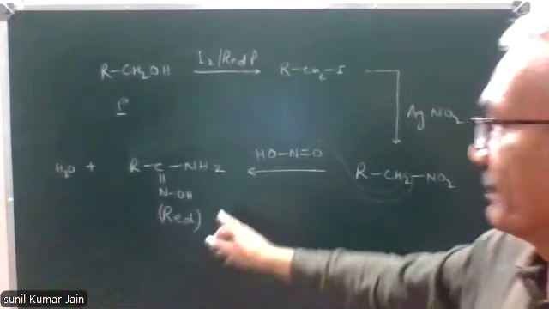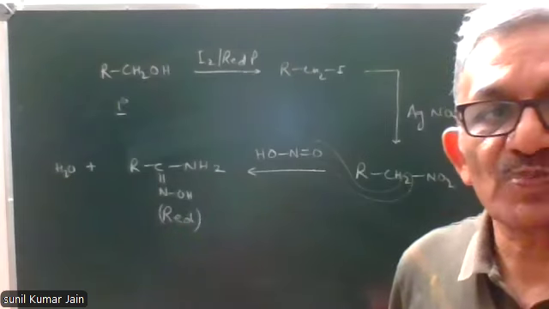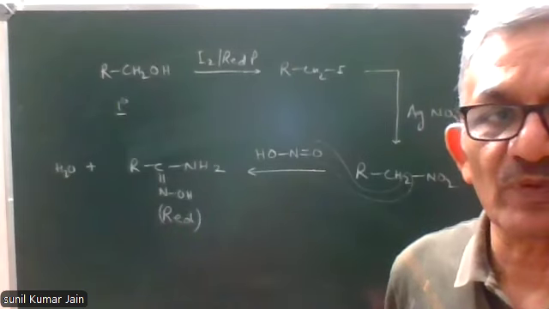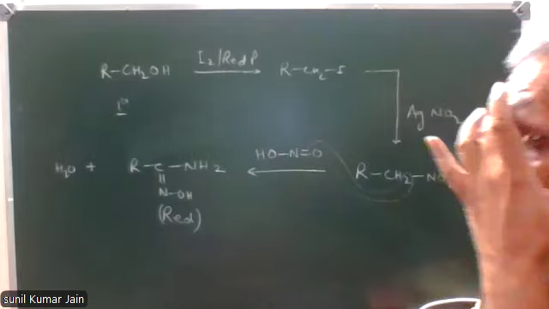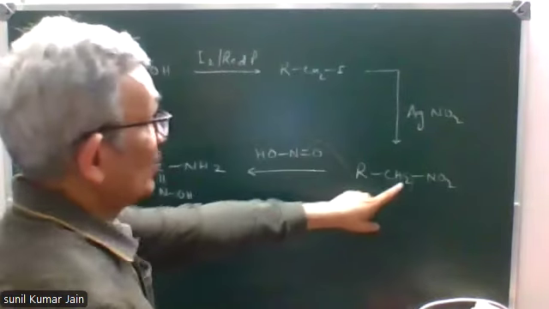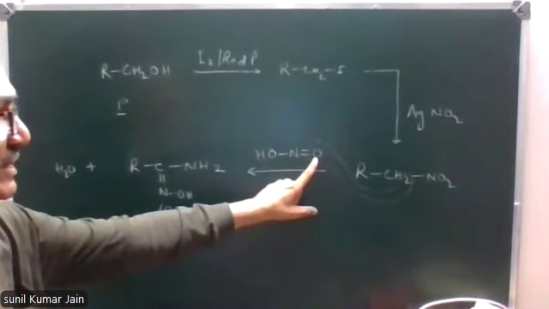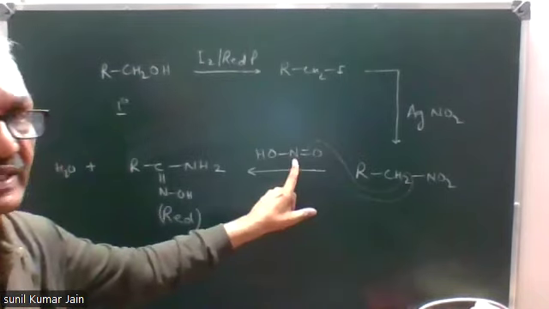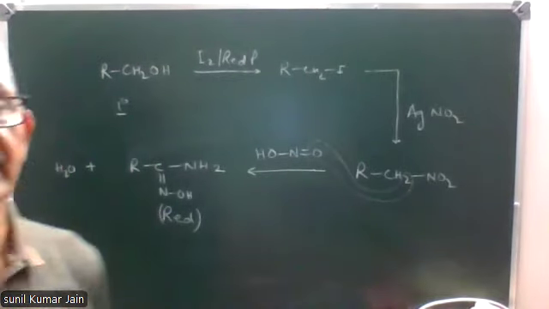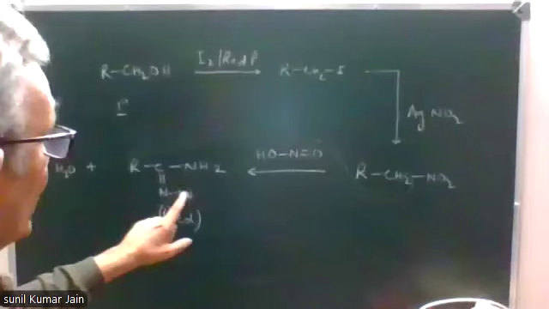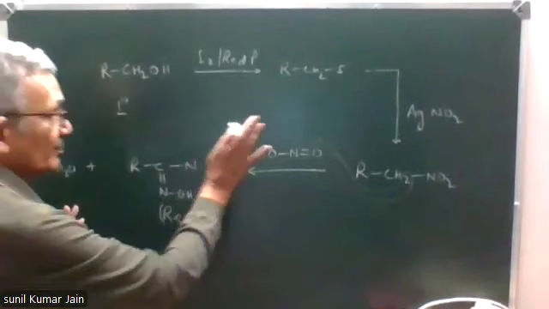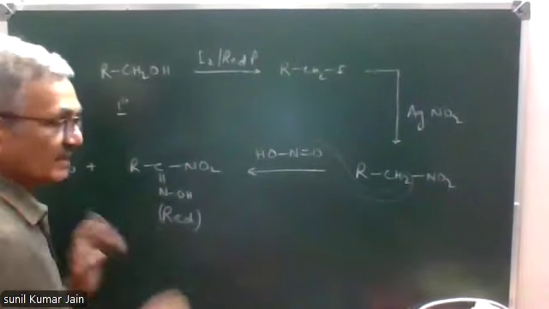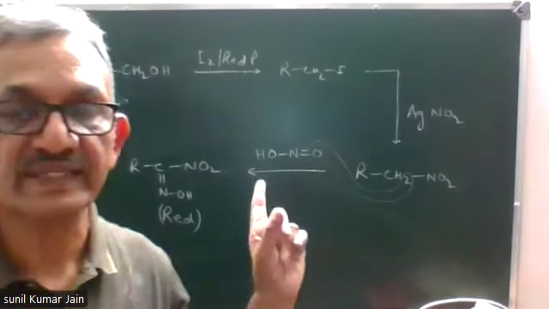This final product obtained is red in color, and this product is soluble in aqueous NaOH. Two hydrogen atoms and one oxygen will be eliminated as water. Carbon will form a double bond with nitrogen. Will it be NO2 or NH2? Sorry, you have written NO2. Yes, NO2. Please correct it.